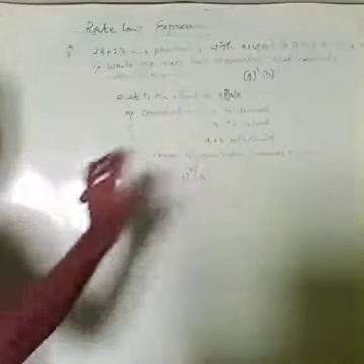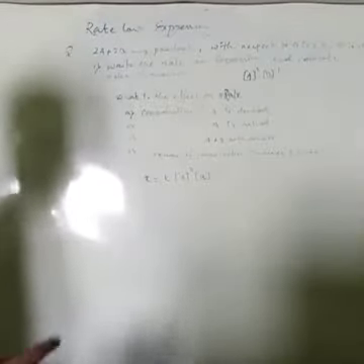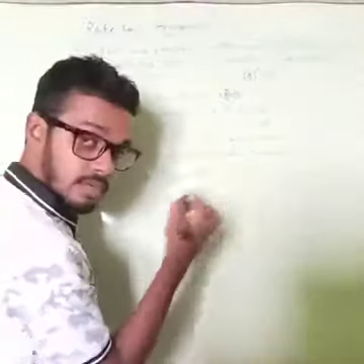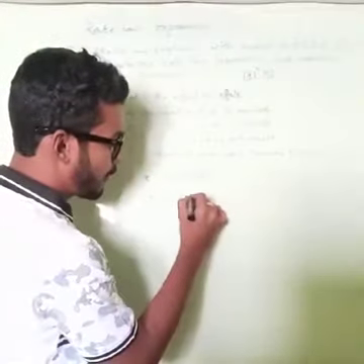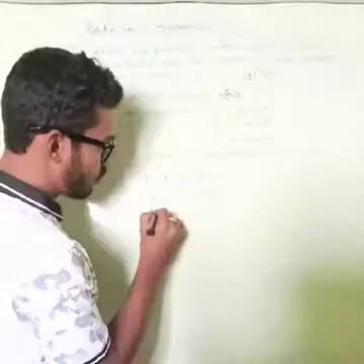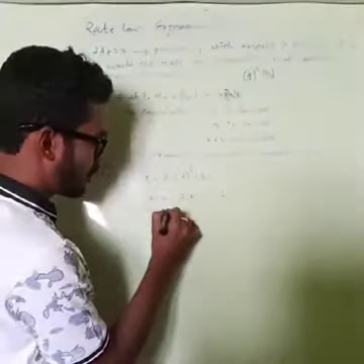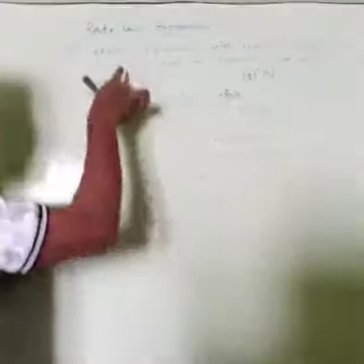Consider this the initial rate. What is the order of reaction? Order is always x plus y, already I told you. Here 2 plus minus 1 equals 1, that means the order of reaction is 1. It is a first order reaction. This is the answer of the first part.